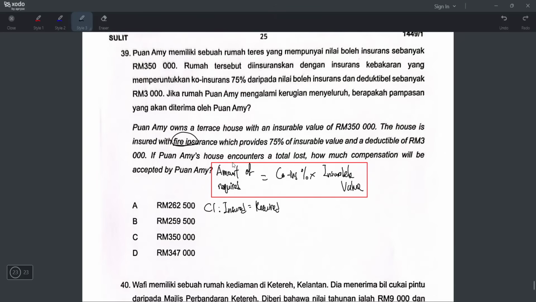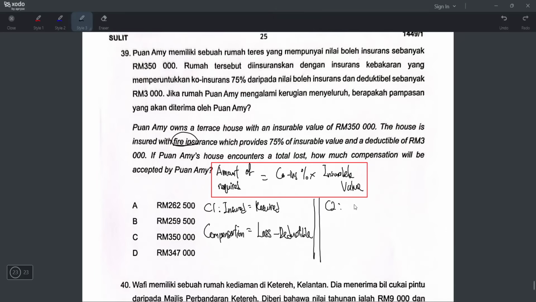It means after you get your required, if the amount you purchased, insure means purchased, insure and purchase is the same thing, is exactly the same as the required, then the formula to calculate compensation is just loss minus deductible. And of course, they will give you the loss and deductible in the question. Okay, that is case number one.